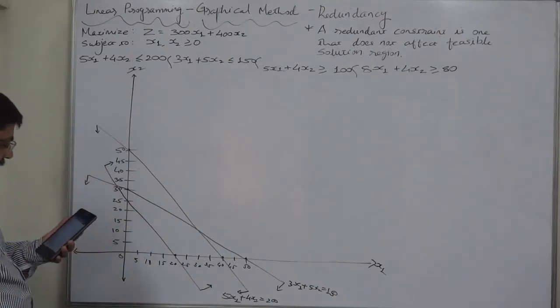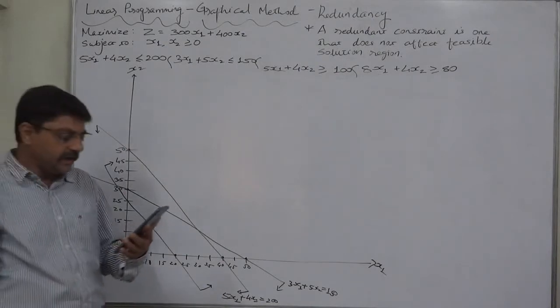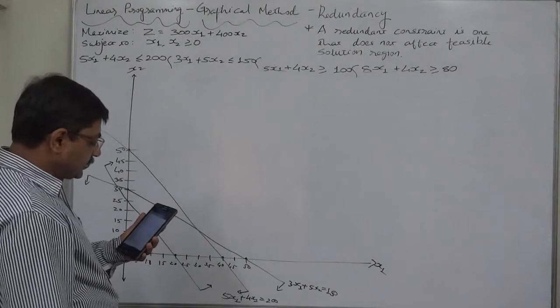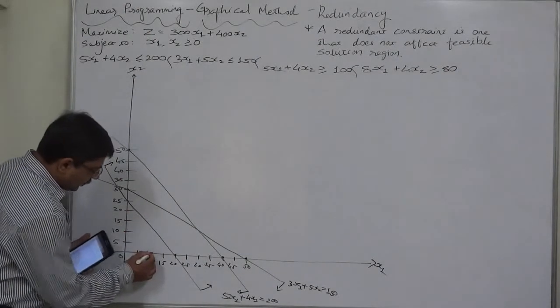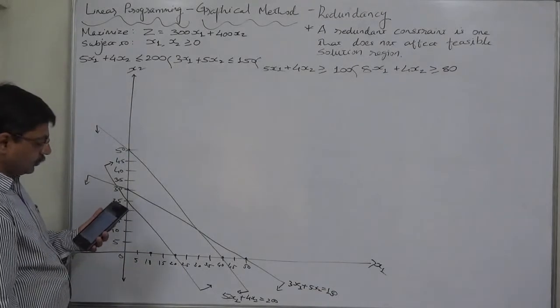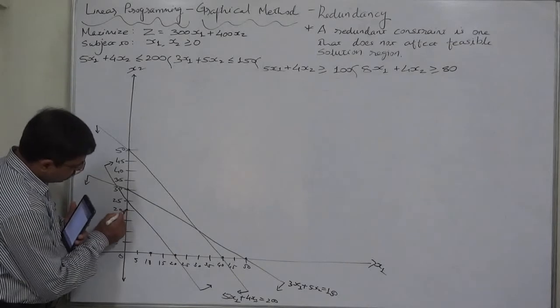And the last is 8x1 plus 4x2 greater than or equal to 80. And points on the basis of equality are x1 10 and x2 20.